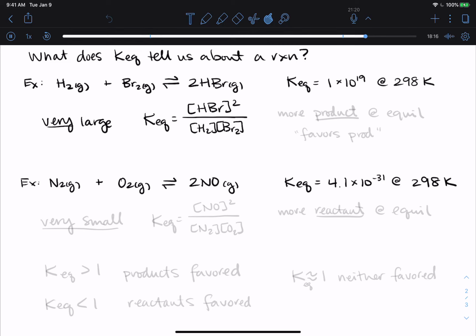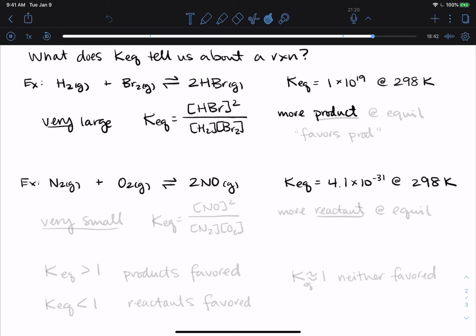All right, so a really, really big number. You get a big number if the numerator of your fraction is bigger than the denominator. So what this large value of an equilibrium constant is telling us is that at equilibrium, I have more product than I do reactant.